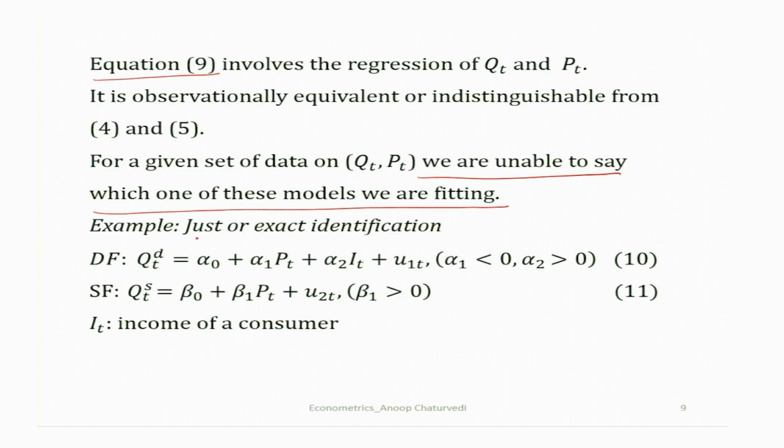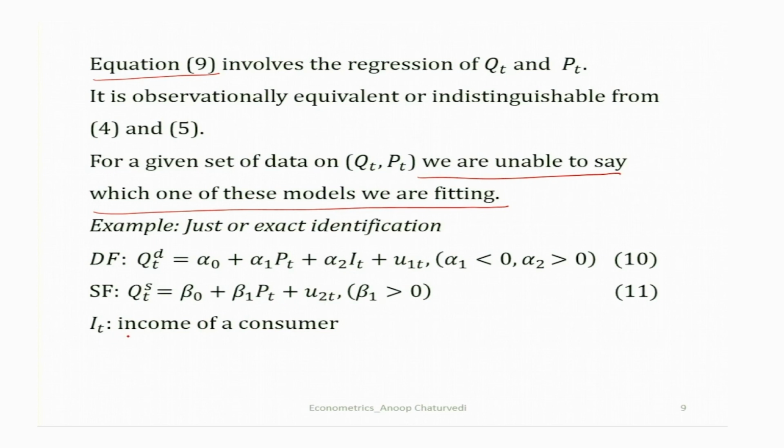Then we consider the example of just or exact identification. Now, suppose the demand function is q t d equal to alpha naught plus alpha 1 p t plus alpha 2 I t plus u 1 t. The supply function remains the same, q t s equal to beta naught plus beta 1 p t plus u 2 t.